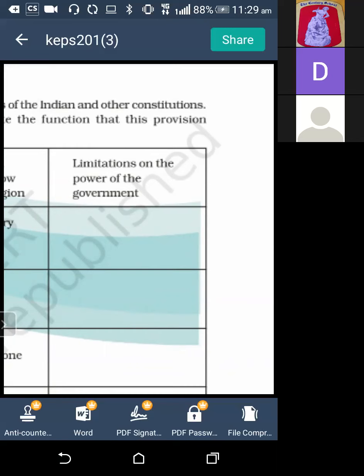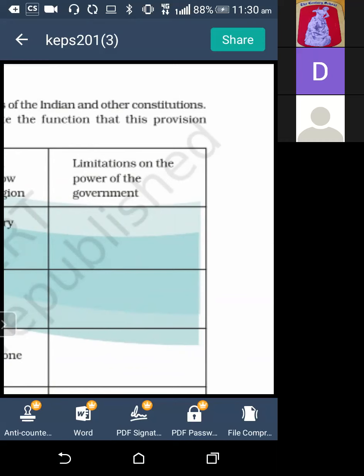Inequality को खत्म करना है. Many people are billionaires. Many people, they don't have one meal per day. Lot of inequalities there. So government has to reduce the inequality in between the citizens.